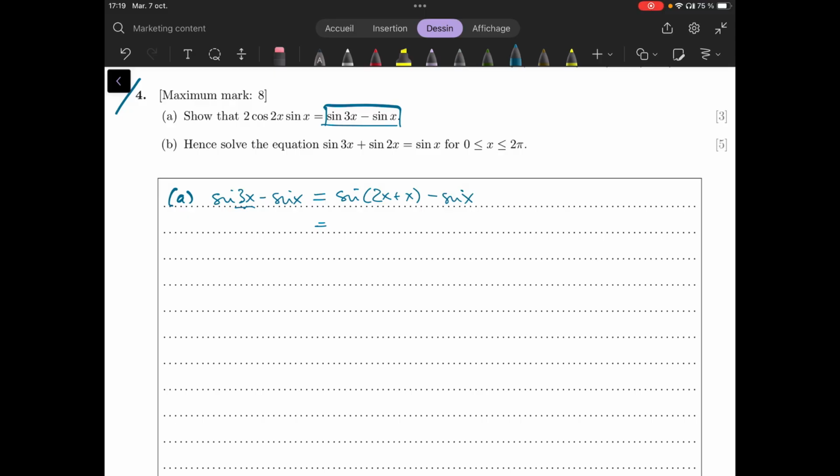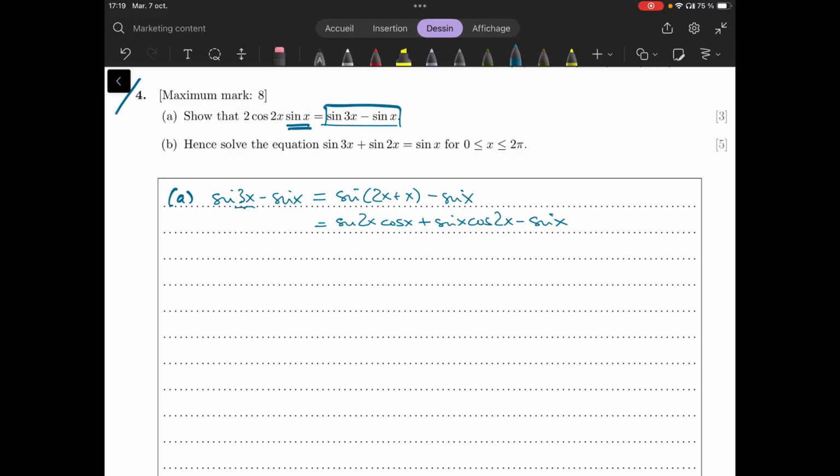This formula can be found in your formula booklet if you happen to have a brain freeze. However, you should have it memorized by now. So sine of 2x plus x, sine of a plus b is sine a cos b plus sine b cos a, minus sine of x.